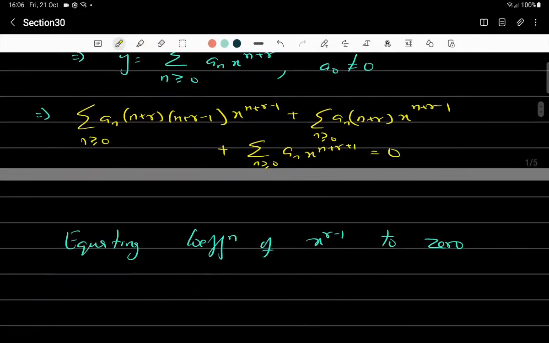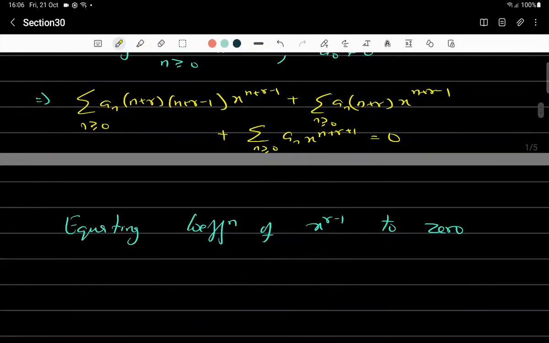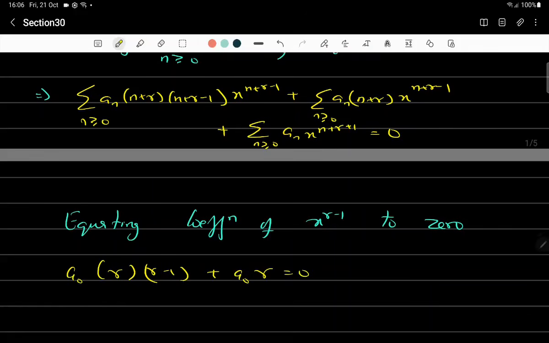Now first let's try to find the indicial equation. So equating the coefficient of x raised to the power r minus 1, it is the lowest degree term, so you just need to substitute the value of n to be 0 and see what the lowest degree term is. It gives you a naught r, r minus 1 from the first term, a naught 2r from the second term, and in the third term there is no coefficient.